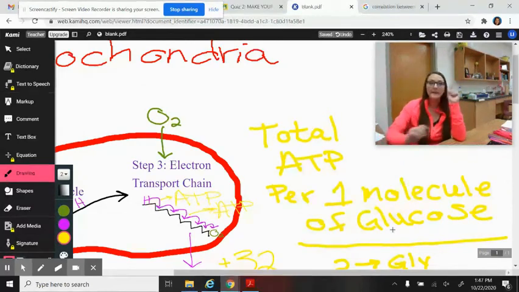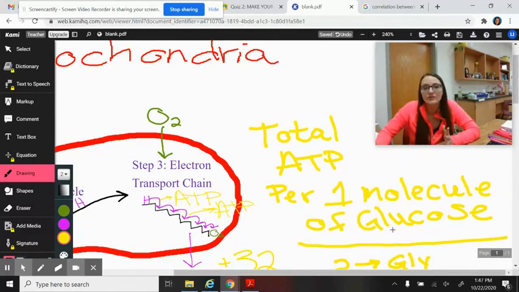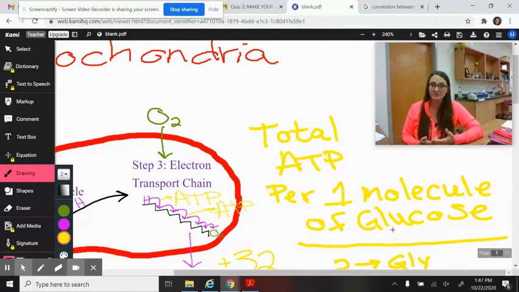1. I can't even tell you how many molecules of glucose are in a piece of bread, or even on a smaller scale, an apple. It's exponential. So we're thinking, okay, how much is 1 molecule of glucose? Well, it's 6 carbons, 12 hydrogens, and 6 oxygens. That's not really something you can conceptually see. But you can see an apple and think, wow, how much ATP must an apple give me, right?